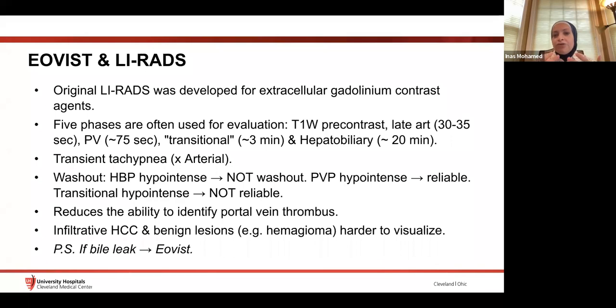If we lose the arterial phase, it's a really big problem if you're looking for HCC in a cirrhotic patient. So long story short, we don't use Eovist for cirrhotic patients. When they did the LI-RADS, they did not use Eovist. LI-RADS was used for the usual gadolinium IV contrast that we all use.